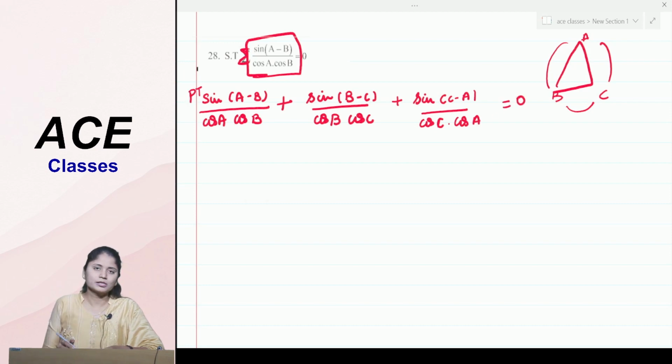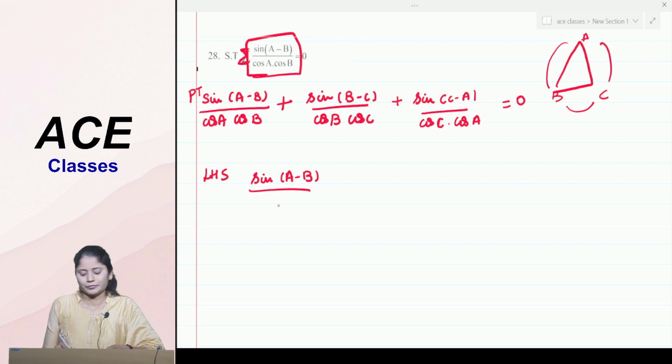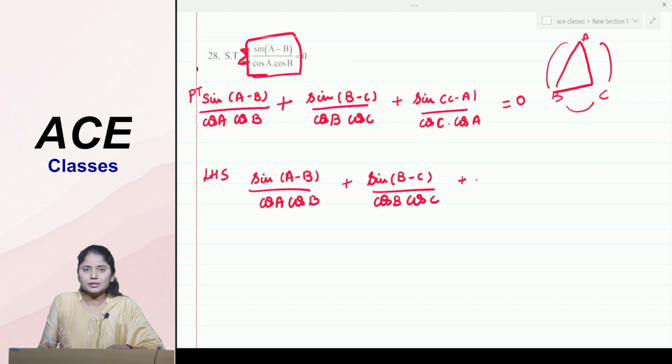So in order to prove this, first let me take the LHS and simplify this. So that is sin of a minus b by cos a cos b plus sin of b minus c by cos b cos c plus sin of c minus a by cos c cos a. Okay.